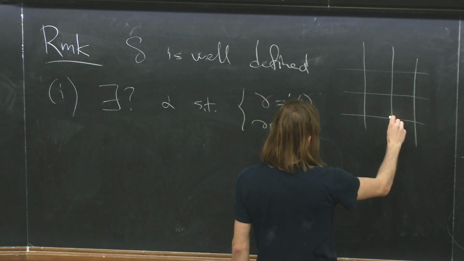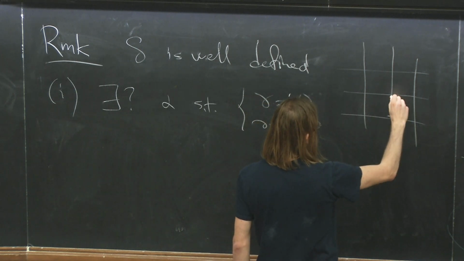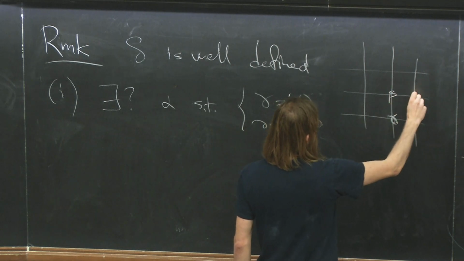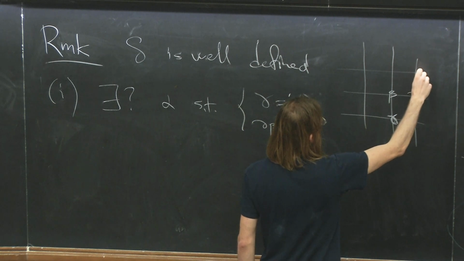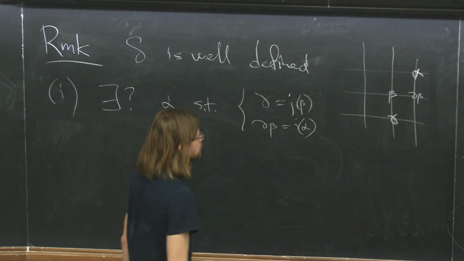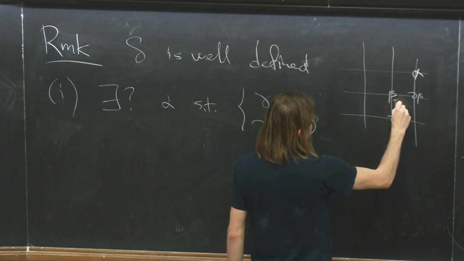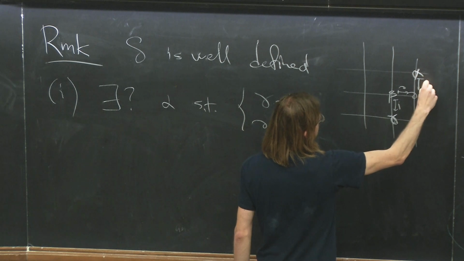So here we start with gamma here, then the beta here, related by J, this is by D, and here is I.